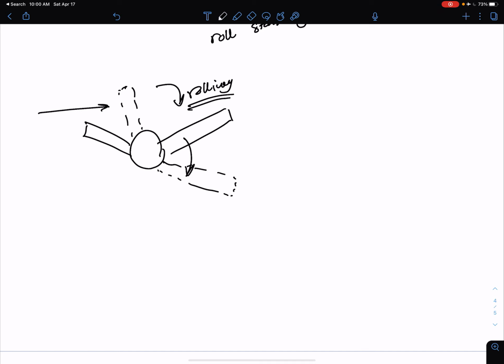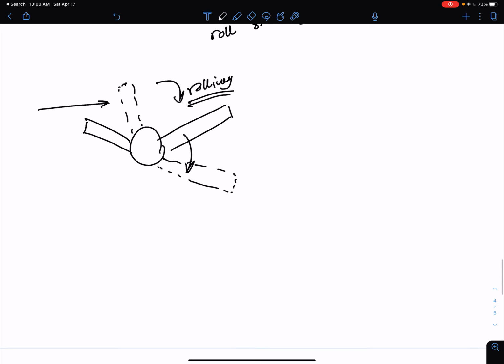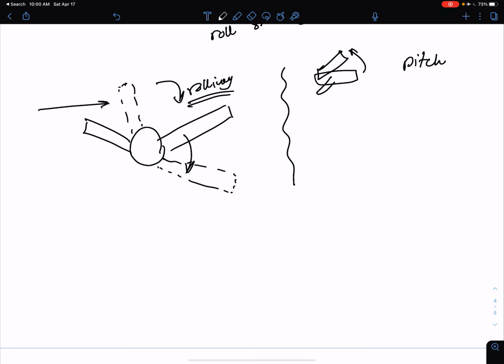And in case there were some people who knew in class when I asked this, we have three main types of movement when it comes to aircraft. Aircraft can pitch, which is the angle of attack. And let's say this is your aircraft. Aircraft can roll, meaning that if they are located in this position, they can roll around this axis, and your wing will be located in a new position.